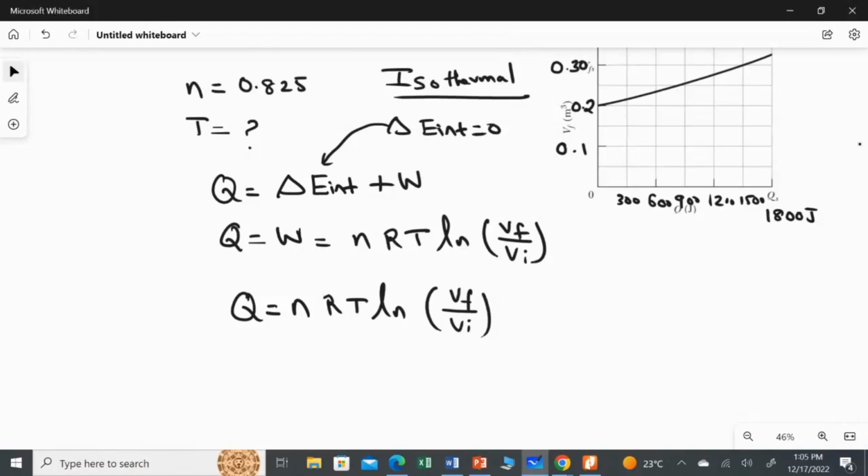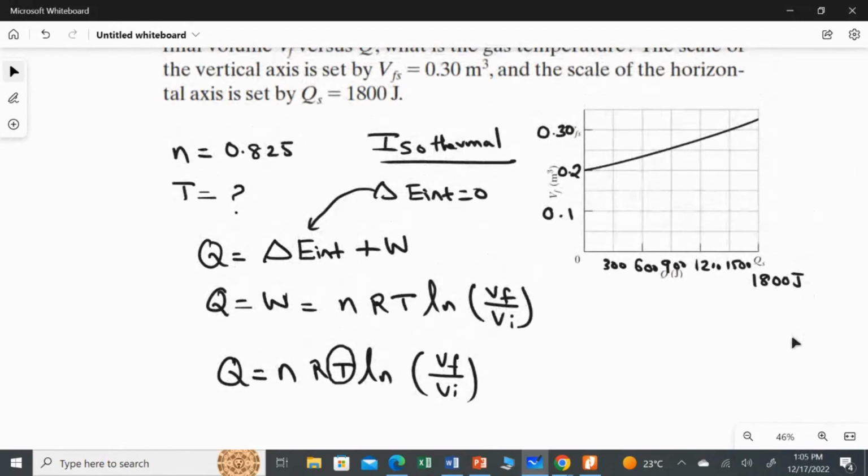Clear? Okay. Now we are going to find the value of the temperature. But before that, we have to identify the final volume and the initial volume. Here the isothermal graph is given. You can see the initial volume exactly starts at 0.2 meter cube, and the final volume finishes here.